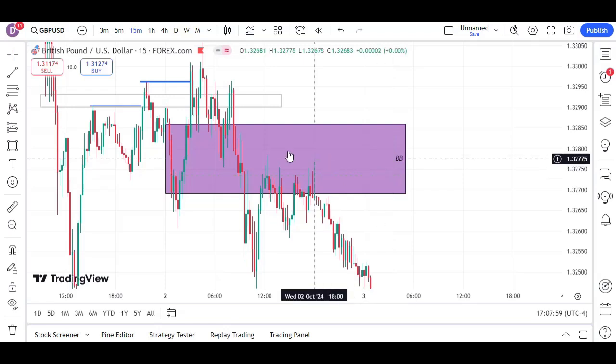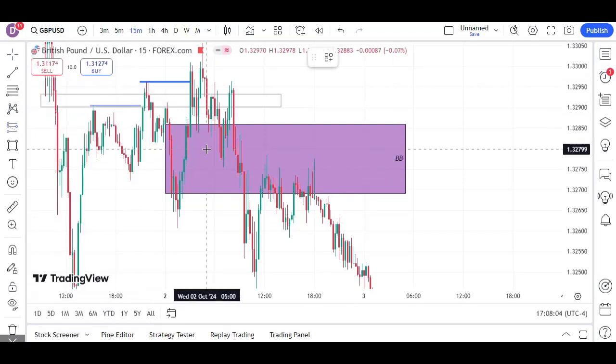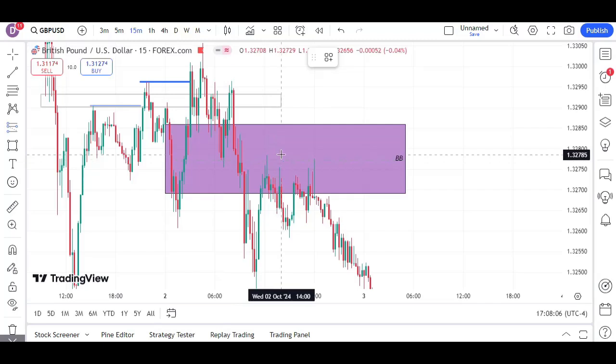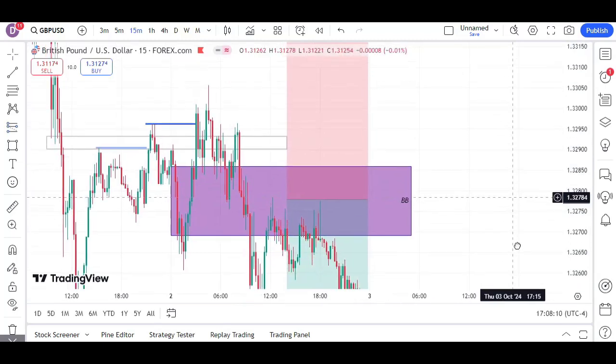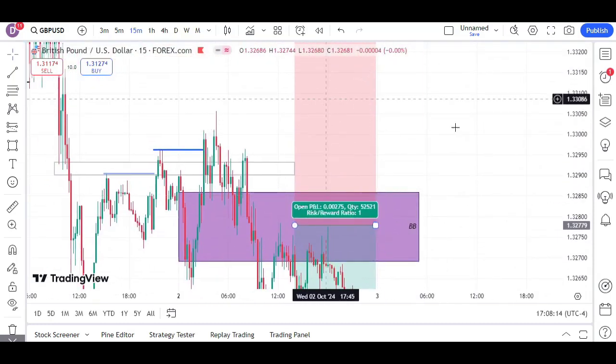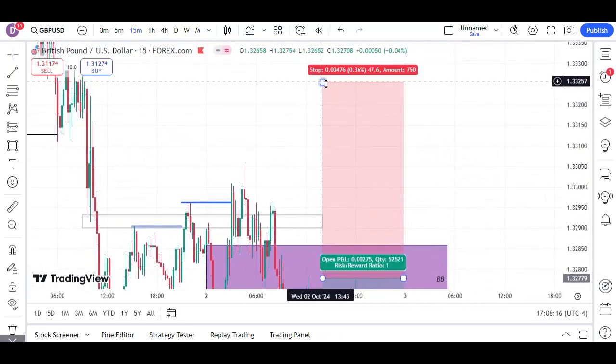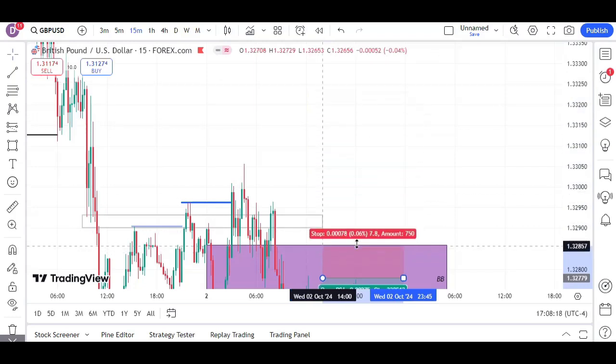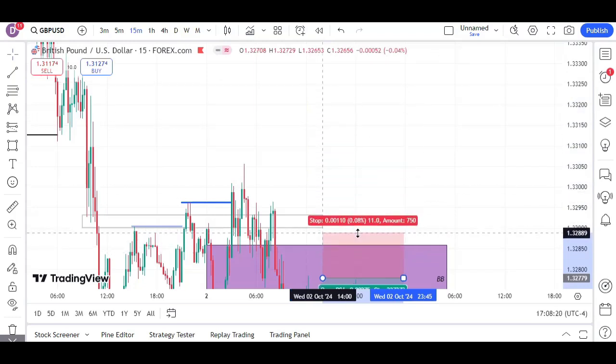That was where I took my trade. So I quickly took a short position from this point right here, as you can see, and put my stop loss just a few pips from this close. It was 10 pips.